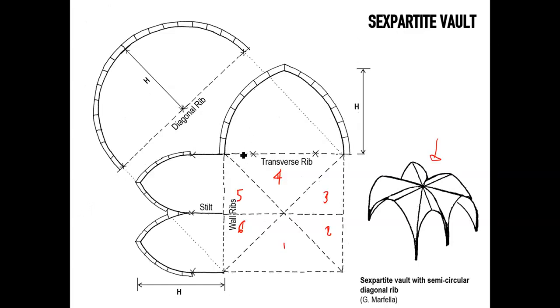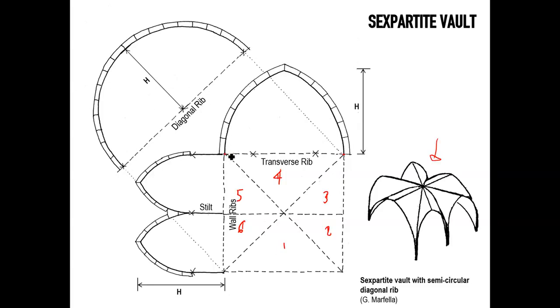Now the sexpartite vault is defined by the transverse ribs first, which span from pier to pier, typically with a springing point at the top of the pier, with some of the modifications we discussed. But then the vault is defined by 2 diagonal ribs that normally are semicircular.